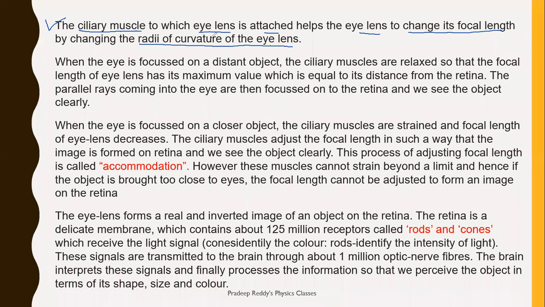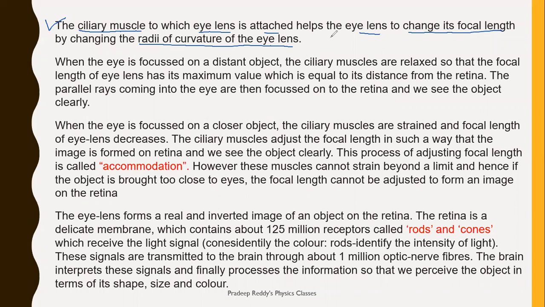Very important point. As we know, focal length depends upon radius of curvature. If the radius of curvature changes, focal length changes. If focal length changes, image distance changes.